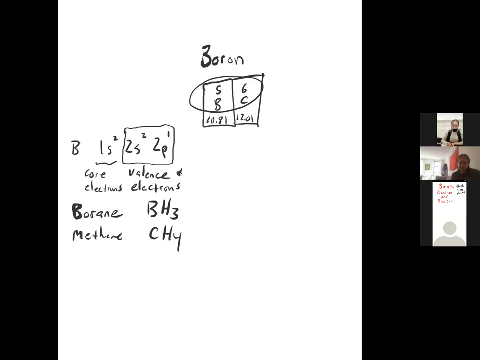And there's a very simple answer for that. Essentially, what happens is boron has 3 valence electrons. Carbon, on the other hand, let me do carbon over here.